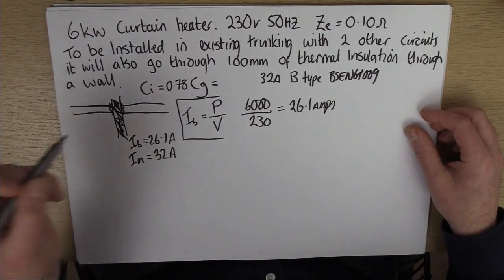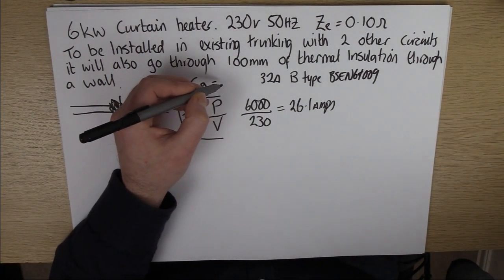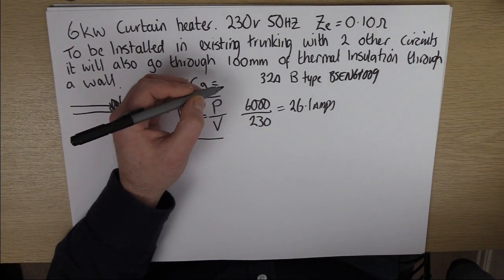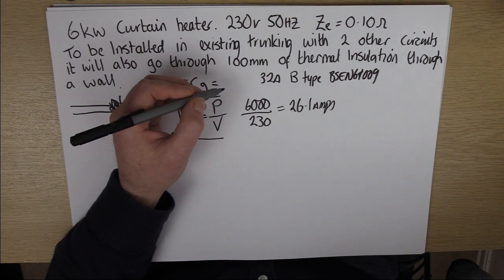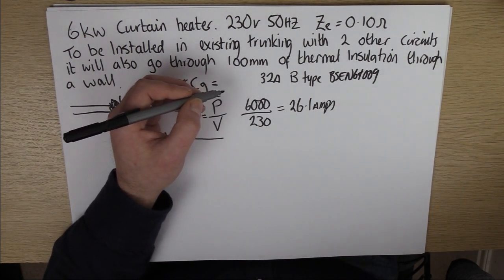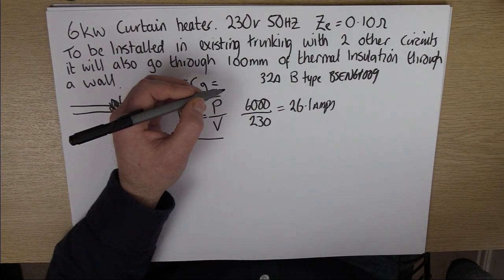The grouping factor, as it was before, it's table 4C1, which is at the back again. Appendix 4. Oh, come on. I wish I was faster at flicking pages. Well, I mean, I know what it is.